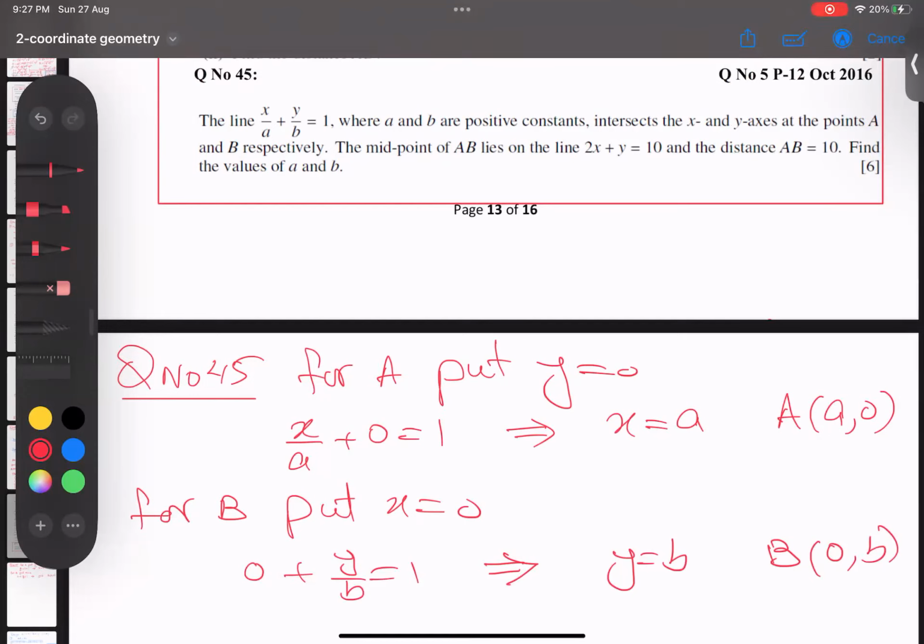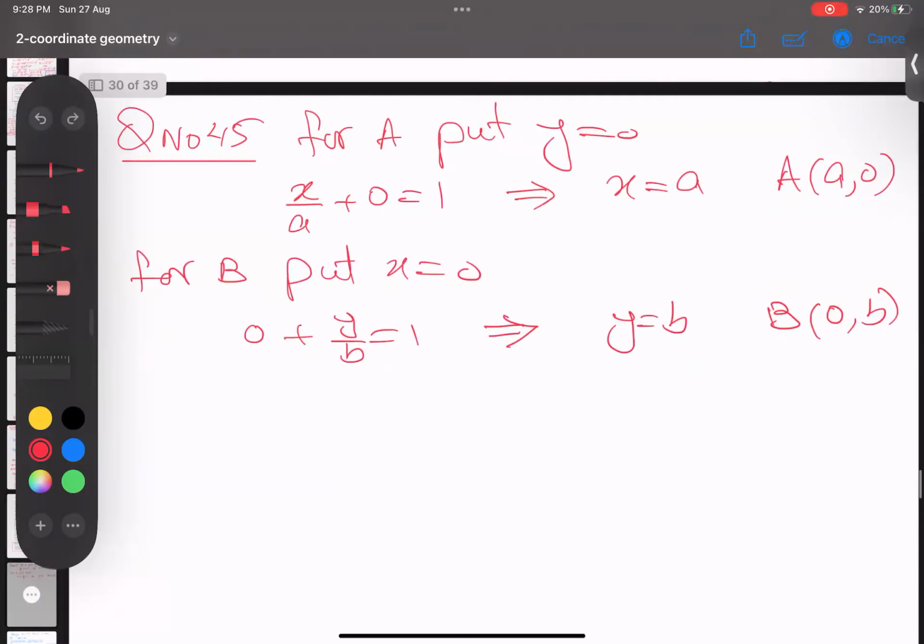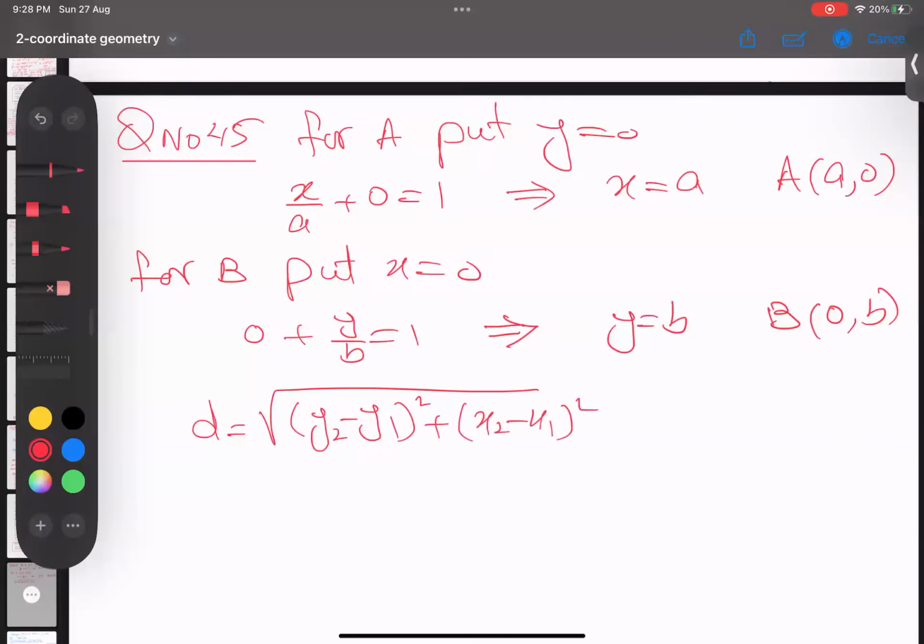Further, if you concentrate, he is saying two things. I do the easy part first. The distance of AB is 10. The distance formula is nothing hard: square root of (y2 minus y1) whole square plus (x2 minus x1) whole square. And the distance is 10, so I put 10 here.